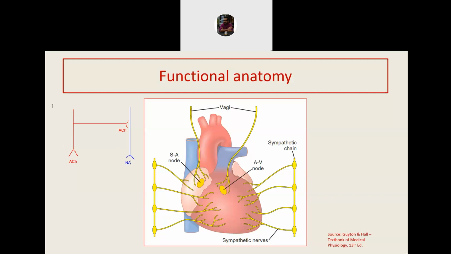The noradrenergic fibers show a unique phenomenon of co-transmission. They release noradrenaline on the heart, which will act on the beta-1 adrenergic receptor. But similar to the cholinergic fibers, they also show the phenomenon of reciprocal innervation.